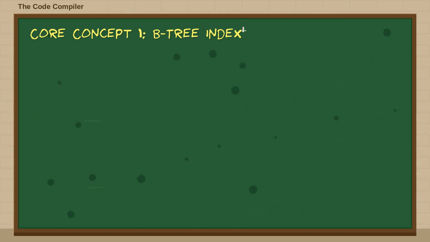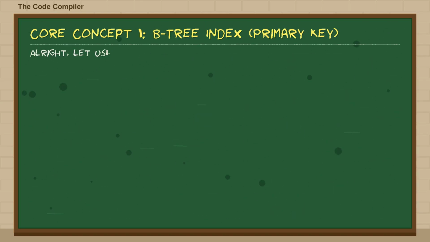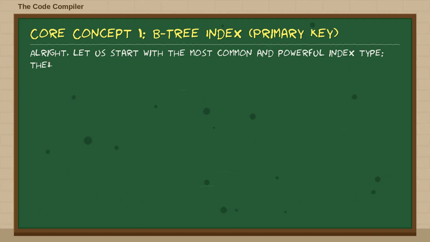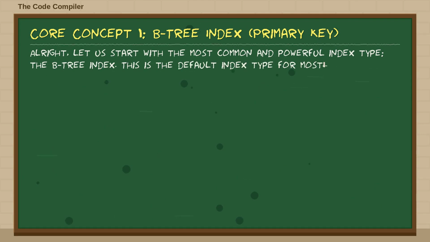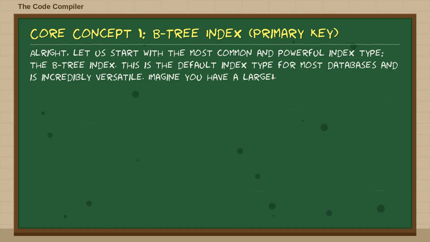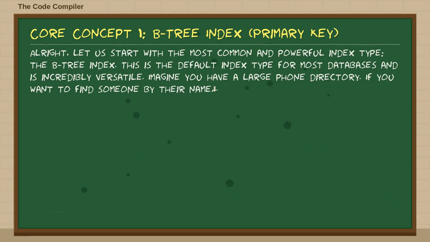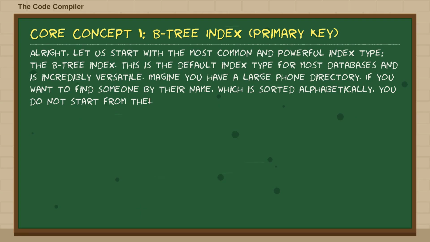Alright, let us start with the most common and powerful index type, the B-tree index. This is the default index type for most databases and is incredibly versatile. Imagine you have a large phone directory. If you want to find someone by their name, which is sorted alphabetically, you do not start from the very beginning, do you?